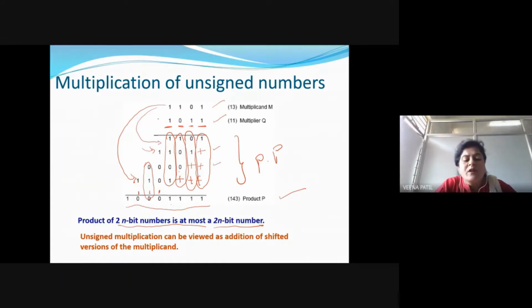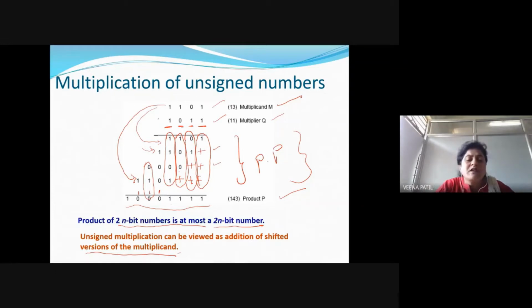So unsigned multiplication can be viewed as addition of shifted versions of the multiplicand. What we have done here is nothing but a shifted version of the multiplicand. The multiplicand is 13, so we have just shifted it depending on the bits of the multiplier.